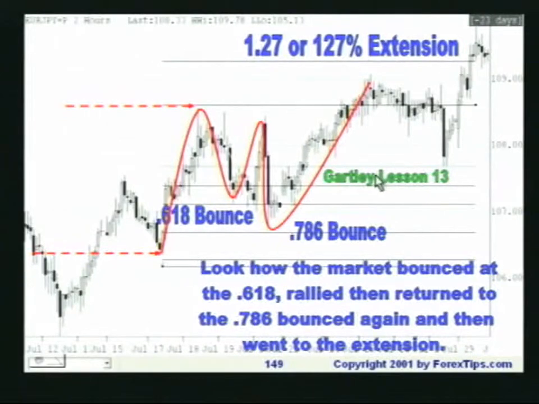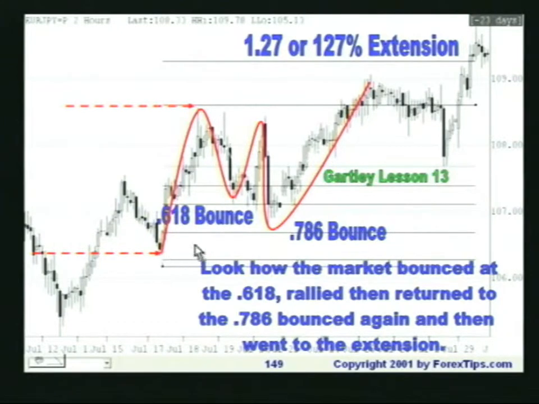Now, let's look at this situation here. Let's just say you bought here at a 618. Market comes and it bounces right here at the 618. And boy, you're all excited. And you move your stop from this low to the 618 low. Look at how the market came back, tested that 618. Could have stopped you out early there. Be that as it may, it did return all the way back to the 786 and then bounced and went to the extension.